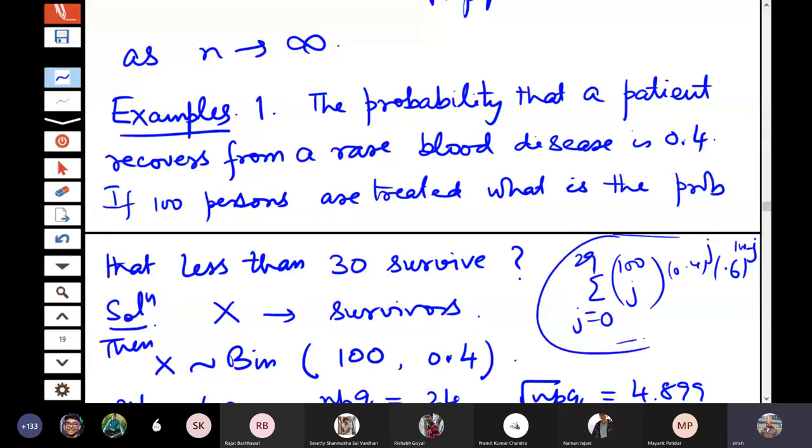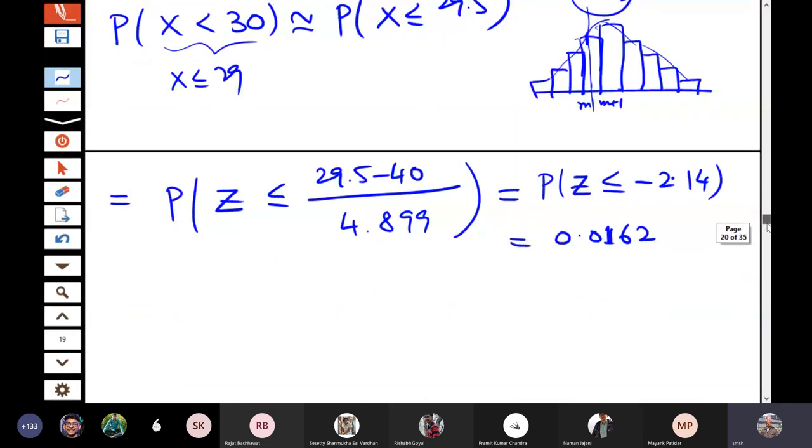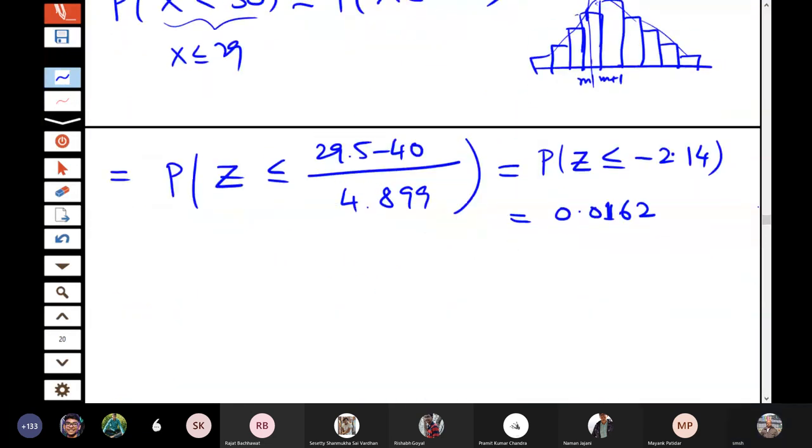This would have been the exact number. But because of the factorials and the powers involved, it will include a lot of approximation errors, so it will not give the accuracy desired. If we use the normal approximation, we get the results very quickly and nicely. Is this clear?